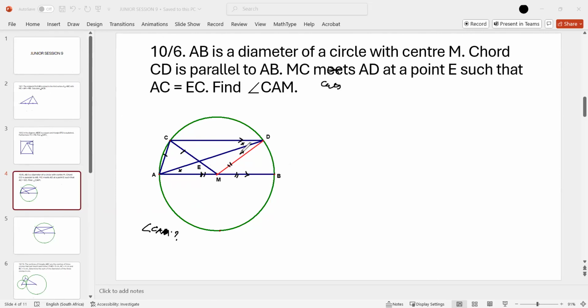All right, no one? So this angle here is 2x now, because the angle opposite MC is 2x, and MC equals MD. So this is isosceles here. If that is 2x, this is 2x also.